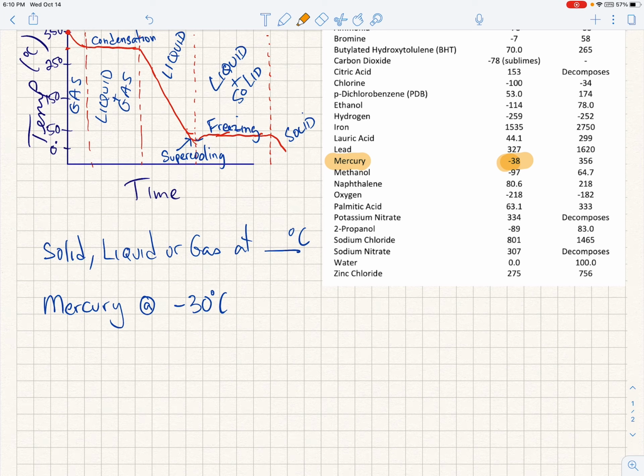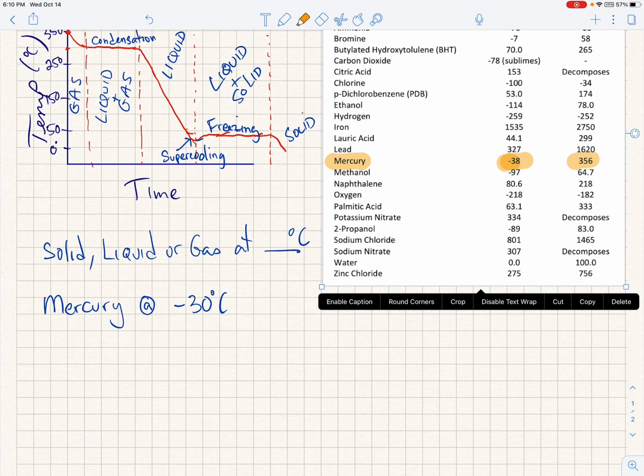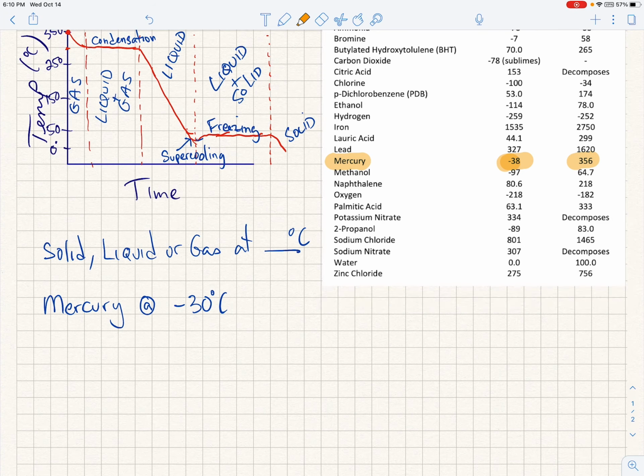And when the temperature is above this, you'll have a liquid. But then there's also a boiling point of 356. So how long will you have a liquid? You'd have a liquid at any temperature between minus 38 and 356. At 356 degrees, the liquid will start boiling. So at any temperature above 356, you'd have a gas.